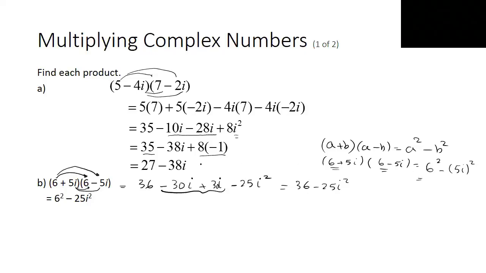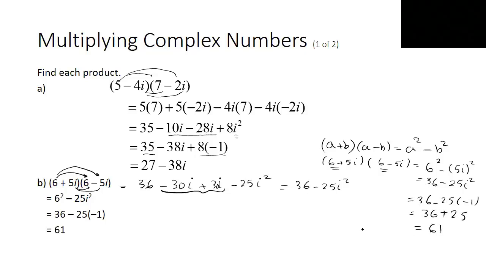So you can see you get 36 minus 25i squared. If I replace i squared with minus 1, then you get 36 plus 25, which is 61.